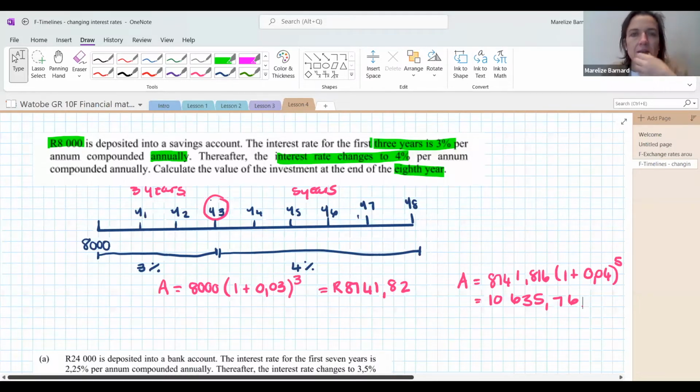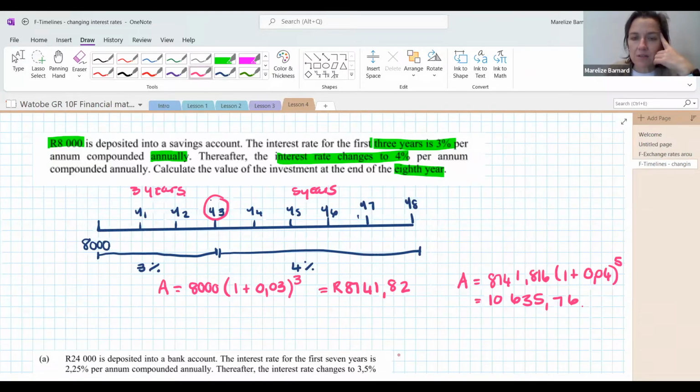And if you are not so sure, you can put a thumbs down, but then I would also like for you to ask a question if you are not sure. Otherwise, go right ahead. It's comma 816 because that is the full amount from what we calculated for the first 3 years. That's why it's 816.